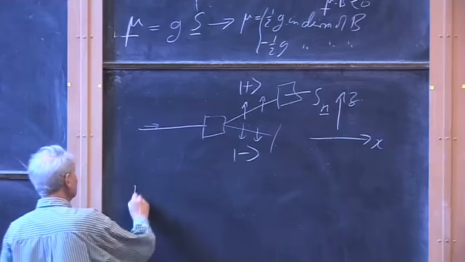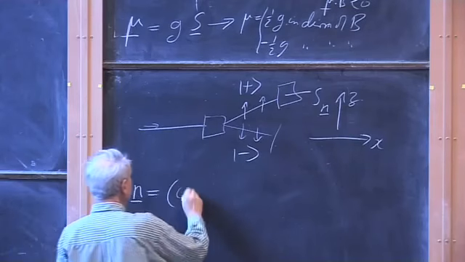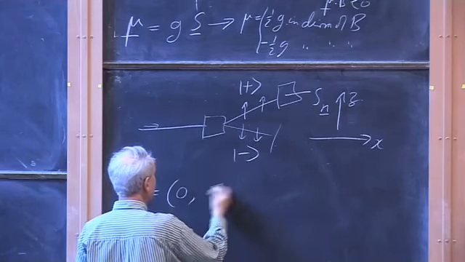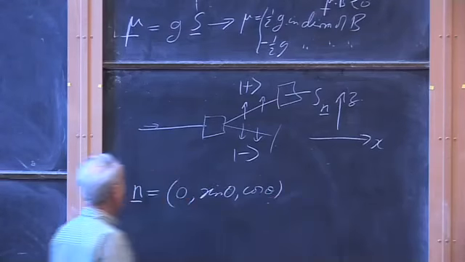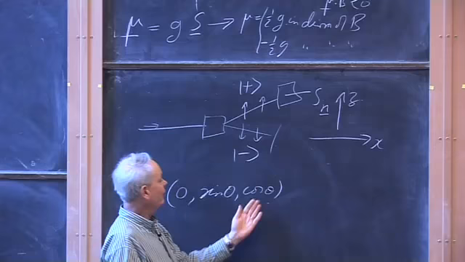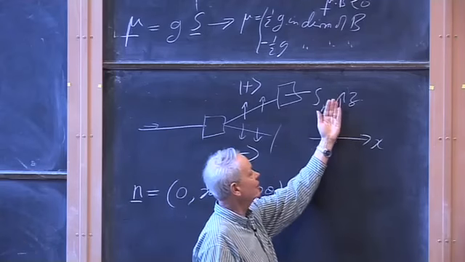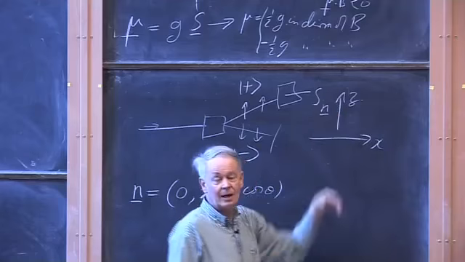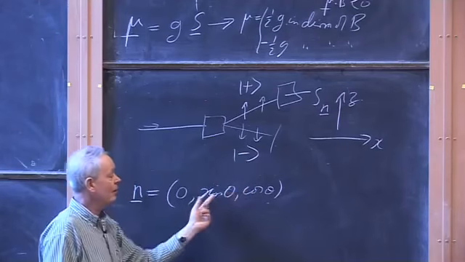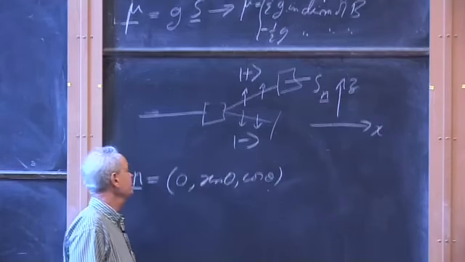And what we're going to do is take n equal to (0, sin theta, cos theta). So n is a vector which, if theta is nothing, is just in the z direction, and if theta is pi by 2, it's in the y direction, and it can be allowed to scan between these directions as we vary theta.